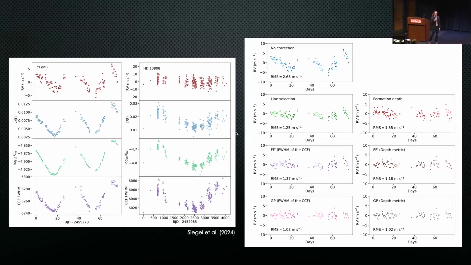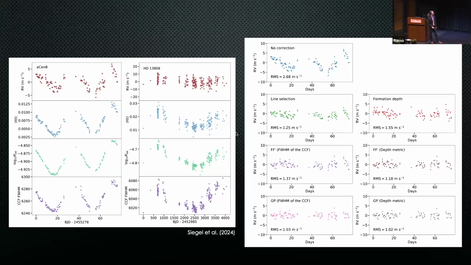This is another exciting prospect that recently was published by Jared Siegel. So we know that different lines from different elements are formed at different depths in the atmosphere. And we can also look at the change in not only line shapes, but line depths, especially if you break those up by lines that you know are formed near the surface or near the photosphere of the star.